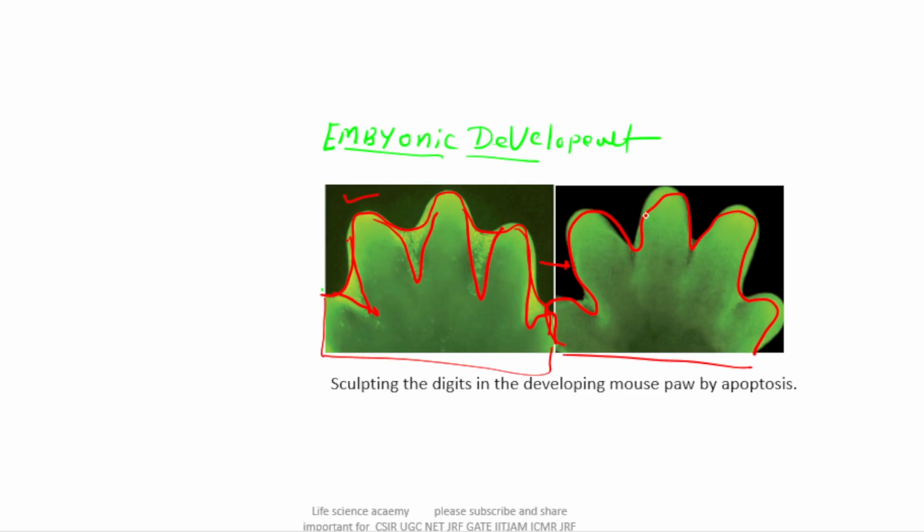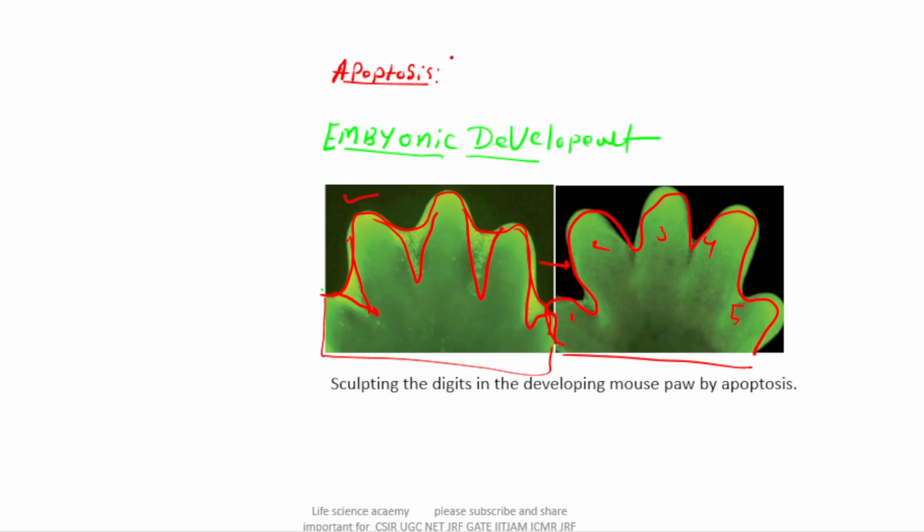But this is the appropriate manner where we count our fingers: 1, 2, 3, 4, 5. These are the 5 fingers in your hand, and some people may also have 6 fingers instead of 5. So this is embryonic development, and during it you see the apoptosis process.